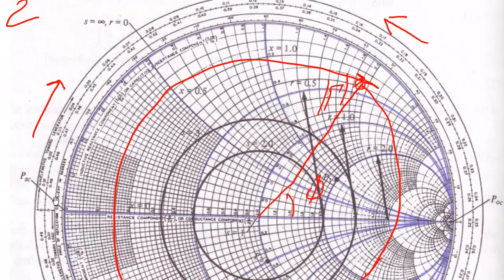Similarly, if you move in the opposite direction, it will be 0, 0.1 and so on, and here it is again 0.25, lambda by 4, and going in this direction you will have 0.49 and then 0.5. So there are two scales on this periphery: one is wavelength towards generator, another is wavelength towards load.